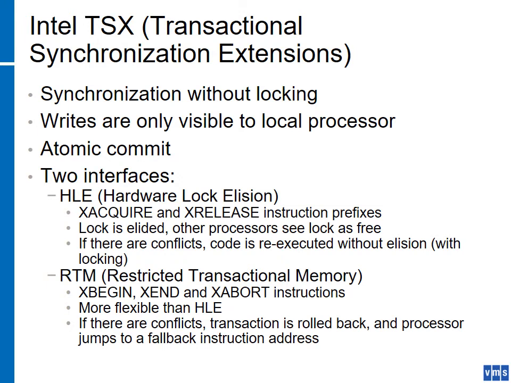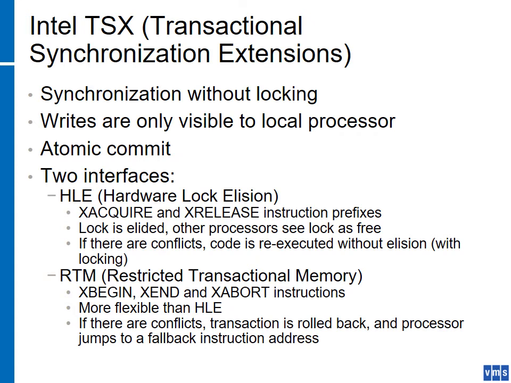So if there are any conflicts during one of these xbegin, xend type transactions, what it will do is, when you issue the xbegin instruction, there's an address as an operand. That address is sort of like a fallback routine. So if there's a conflict, the transaction is rolled back.